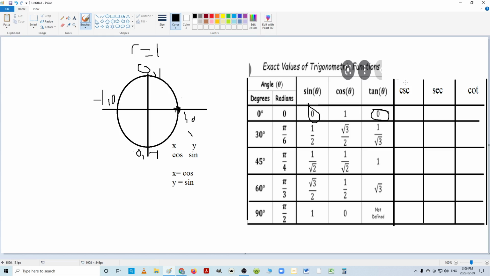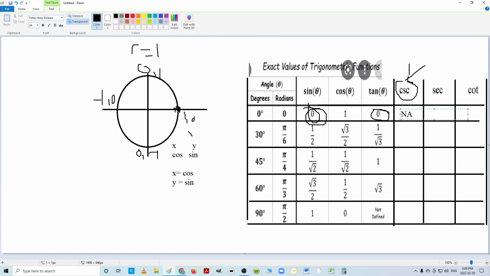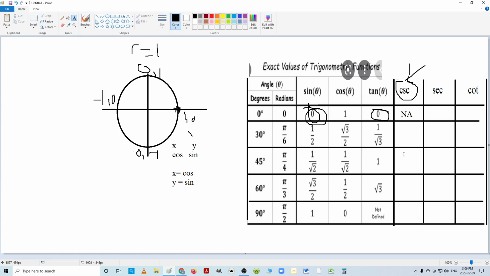If I want to figure out the cosecant, which is 1 over the value of sine, I got 1 over 0. So the cosecant of 0 degrees is not valid because you cannot divide by 0. So when we get further into this, we'll discover there's some values for cosecant and secant and tangent that can't exist.